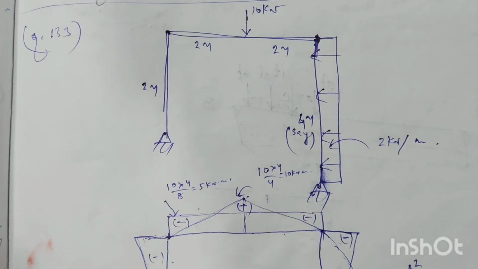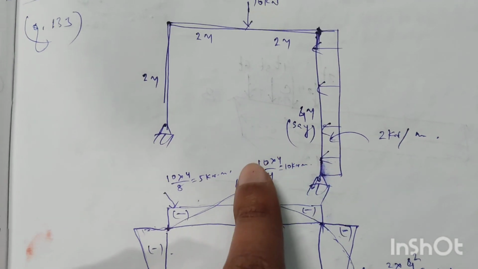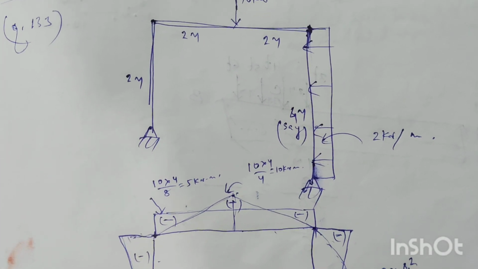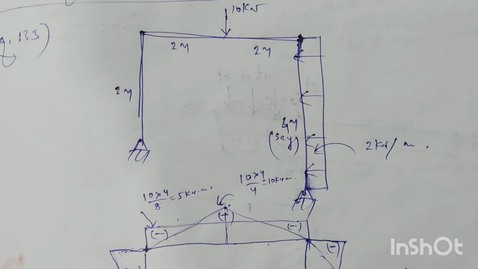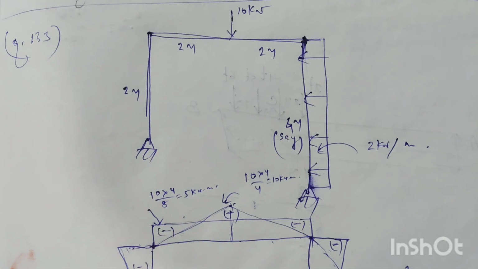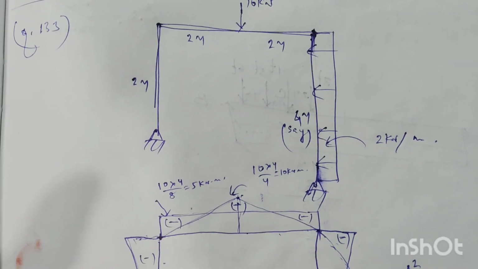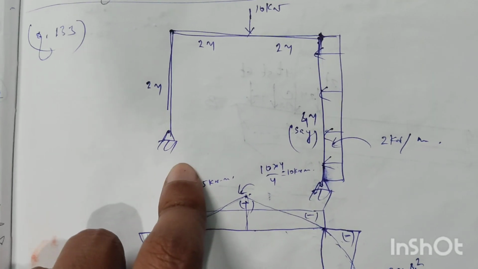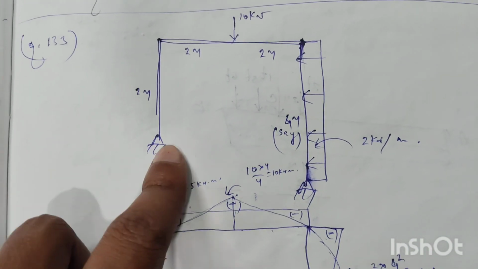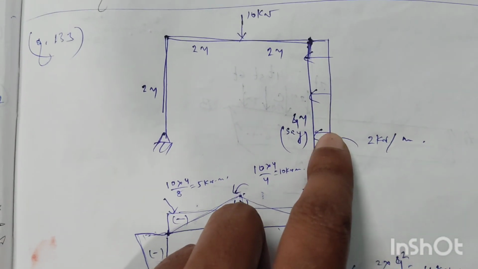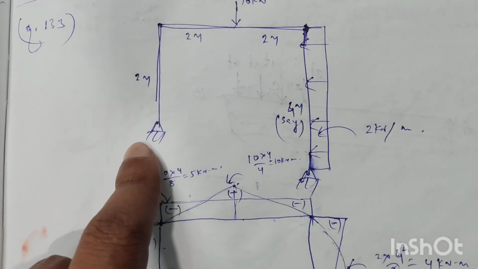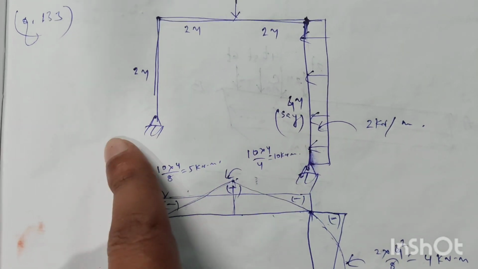In the shortcut method we just have to choose the right option of bending moment diagram for this portal frame from the 4 diagrams. So for the sake of simplicity we will just choose the right bending moment diagram for this portal frame with respect to these loads. Now, for this horizontal loading there will be horizontal thrust at these two supports.